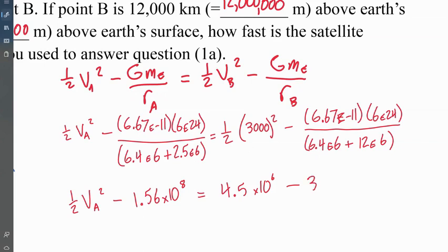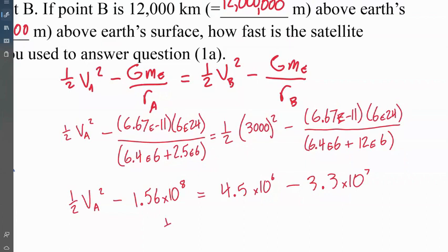So I get 3.3 times 10 to the 7th on that side. Okay, so I will take 4.5 times 10 to the 6th minus 3.3 times 10 to the 7th, add 1.56 times 10 to the 8th.